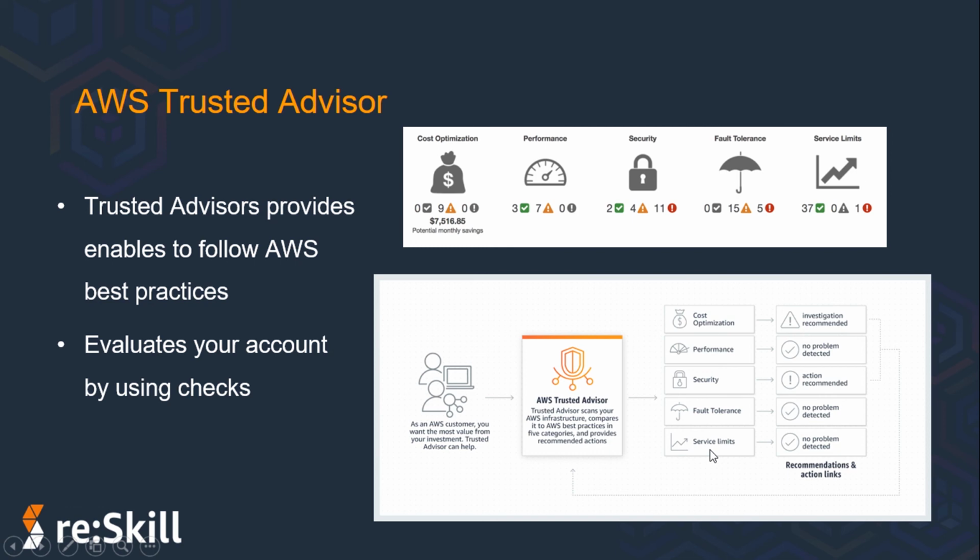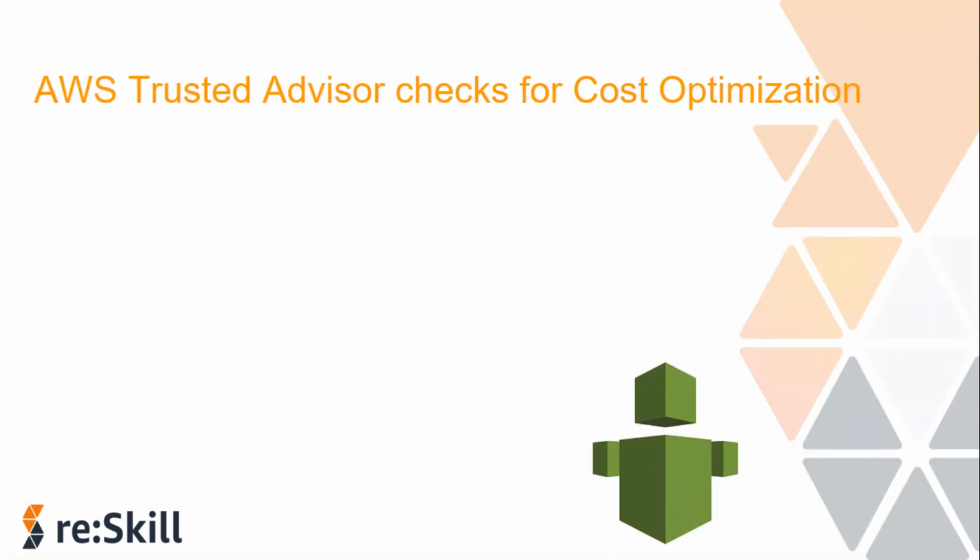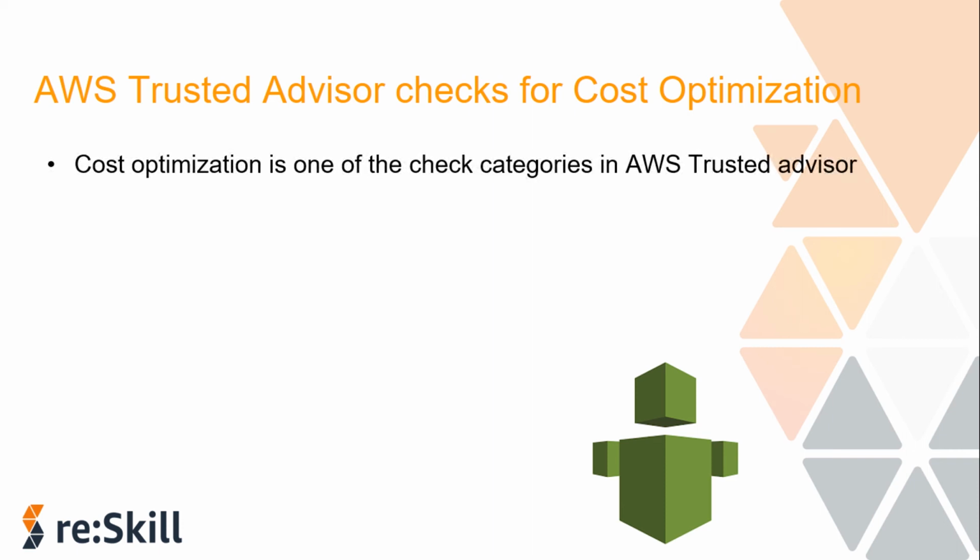It will notify you if you use more than 80% of a service quota. Like for every service, we have got certain limits. So when you are approaching around 80%, you will be getting the alert or the recommendation from the Trusted Advisor. And then we have got a few checks in the Trusted Advisor for cost optimization, which can be helpful. Like, the cost optimization is a category itself.